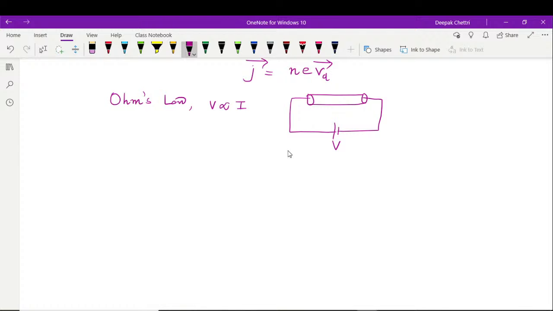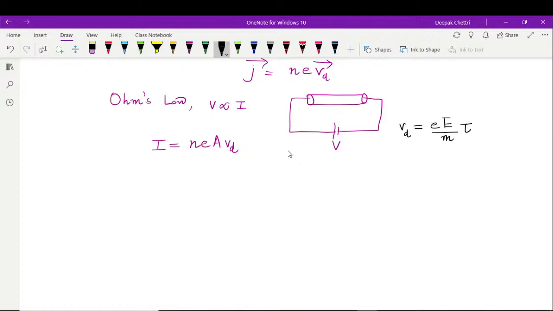So how do we do that? So I is equal to nEAVd. Now we'll try to find this. Vd, you know, is the drift velocity, and its formula is eEm by tau, right?